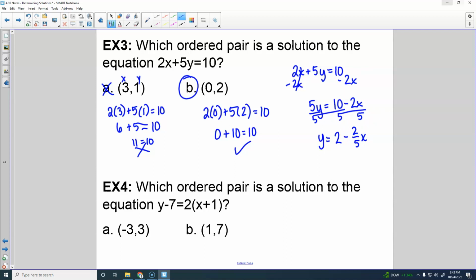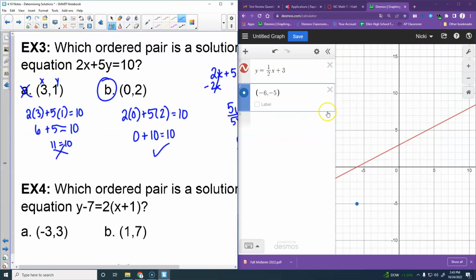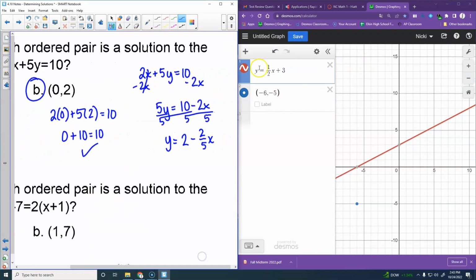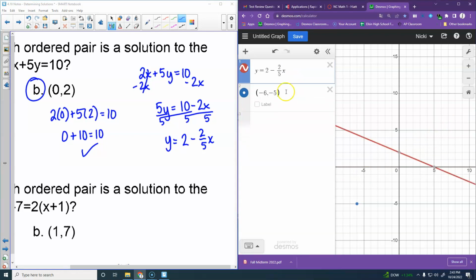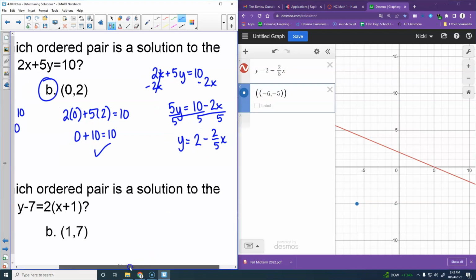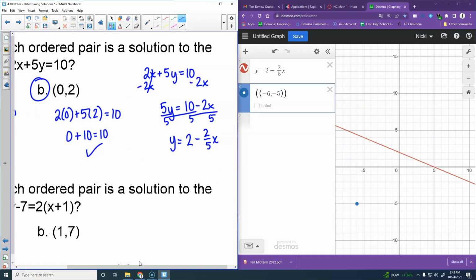And so I'm going to use Desmos again to graph just for time's sake. I don't want to spend too much time graphing it. I didn't give you a graph there to graph it on. So I've got 2 minus 2 fifths x, and if I look at the point I was checking, 3, 1, and 0, 2.